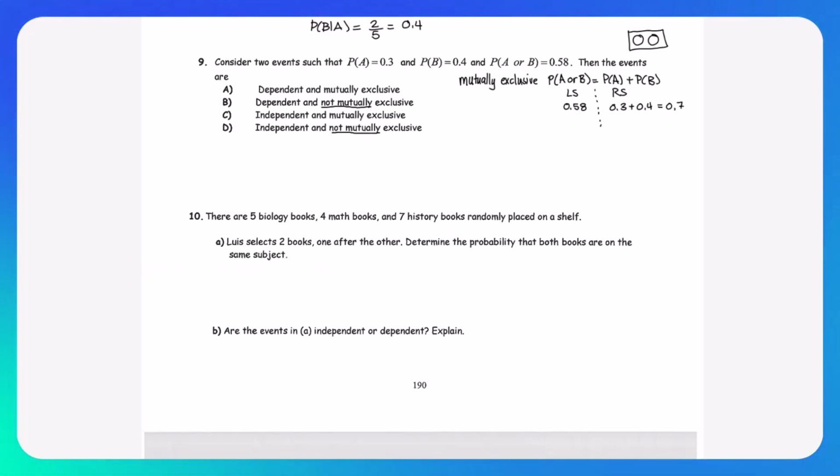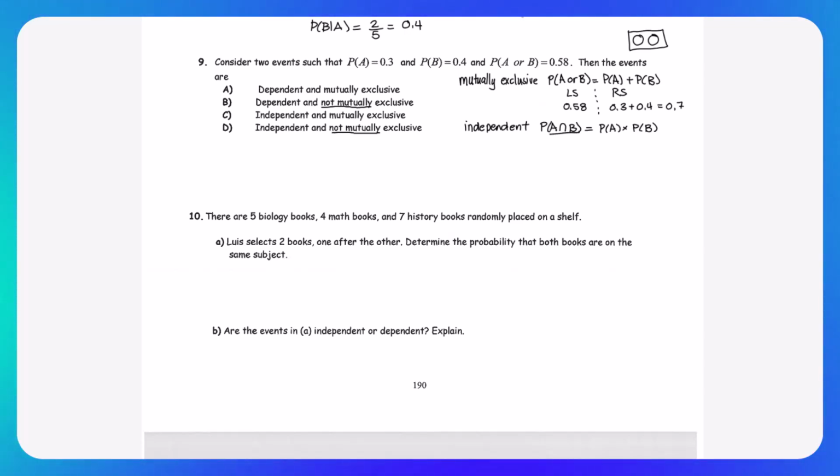The next thing we have to determine is whether these are independent or dependent events. Let's test for independence, since it's the easier one to test for. For independent events, the probability of A and B equals the probability of A times the probability of B. However, we do not know the and statement here.